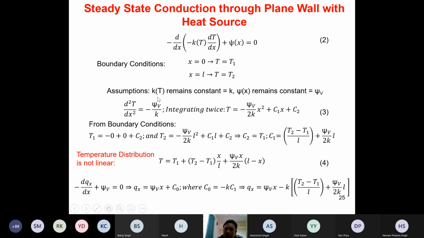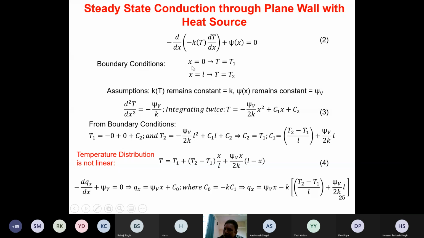But for simplicity, we are assuming k(T) to be constant, equal to K. So thermal conductivity is not a function of temperature, and we are assuming a constant value K. Similarly, we are assuming that psi(x), which is a function of x, is constant throughout the solid and is equal to psi v.